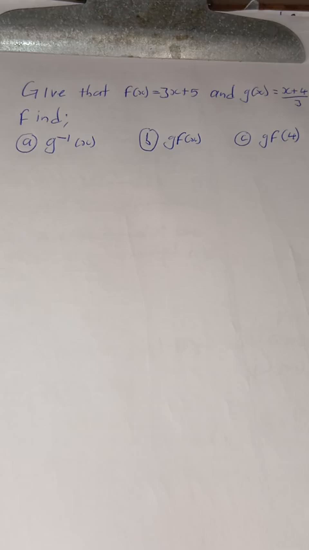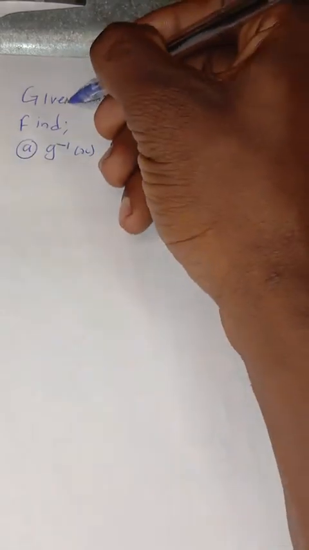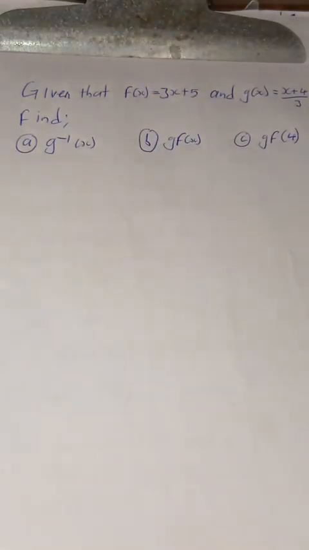Alright, so we have the question which says, given that f of x is equal to 3x plus 5 and g of x is equal to (x plus 4) over 3. And then we are asked to find, at A, the inverse of the function g of x.